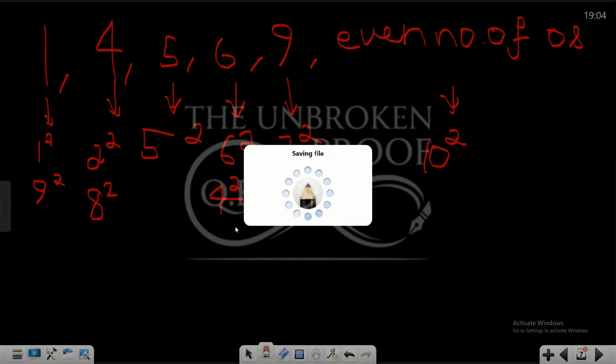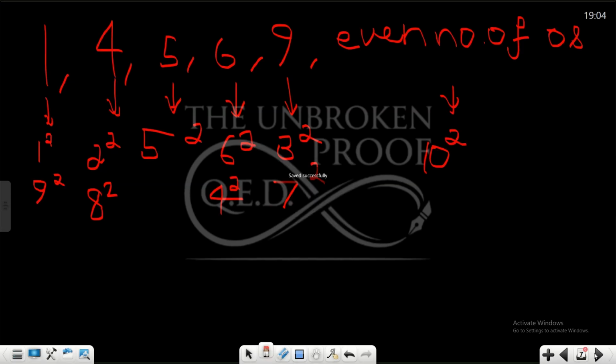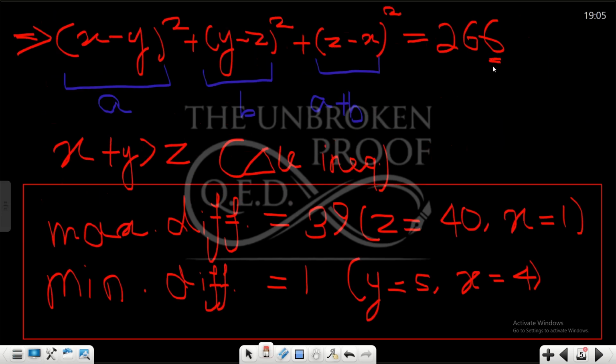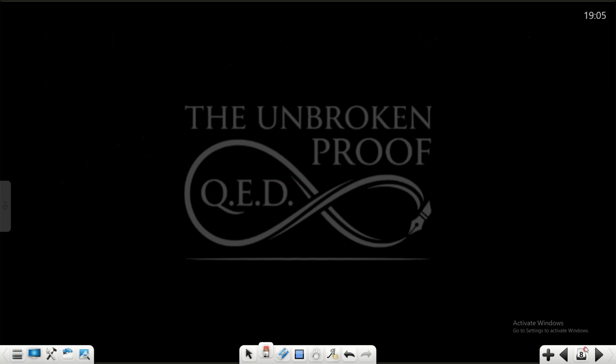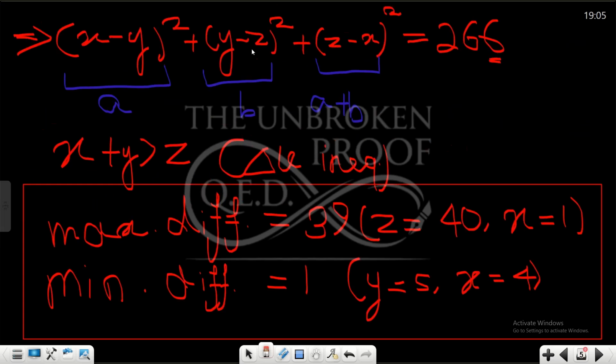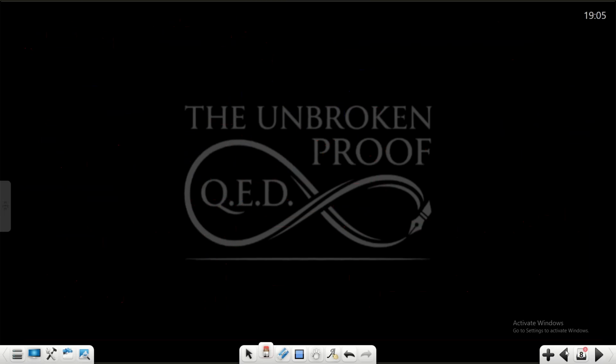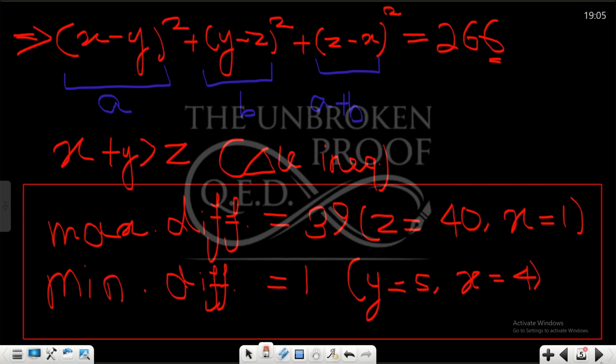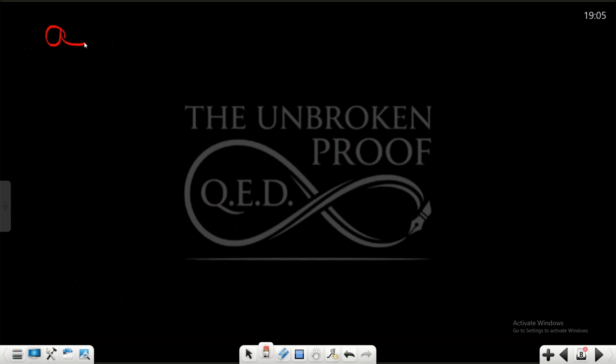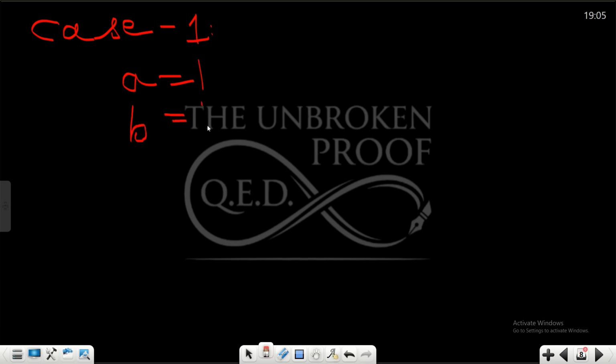So this is one more observation we have to see, and we want the ending digit to be 6. So let us see which cases are possible. This can be achieved only by brute force. There is no special trick that you can use to derive the cases. So the first case is when you take the first term, let's say a, as 1, b as 11, and a plus b as 12.